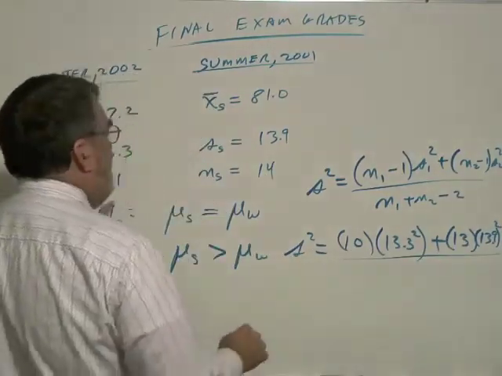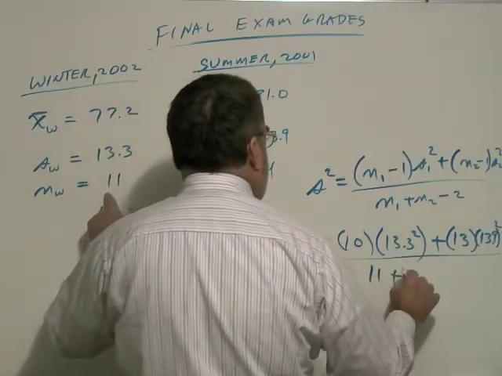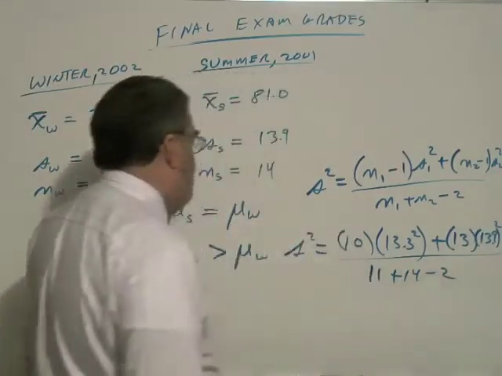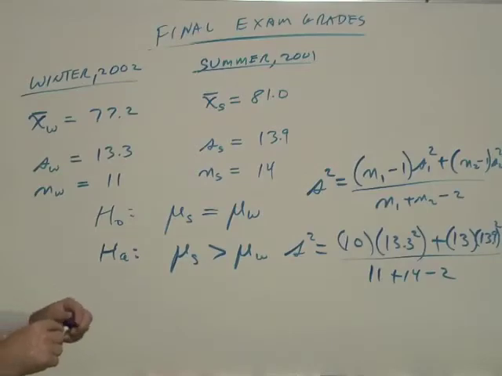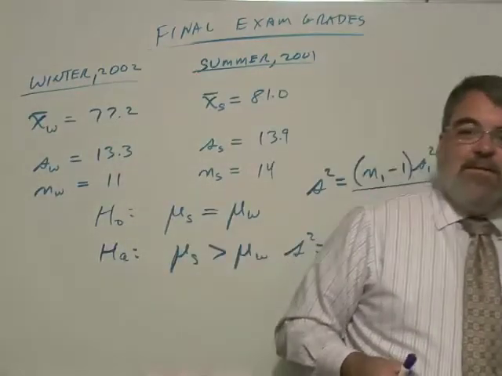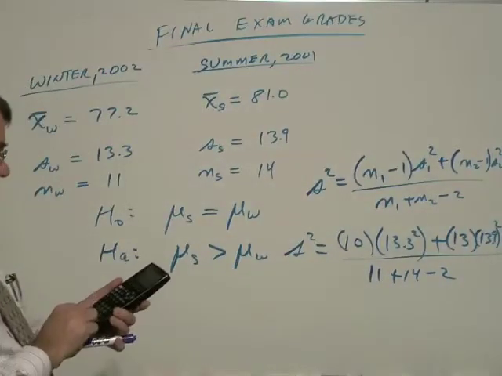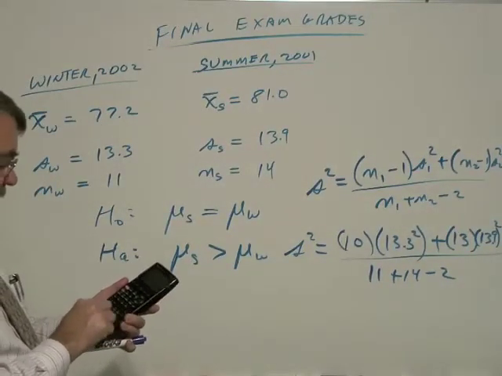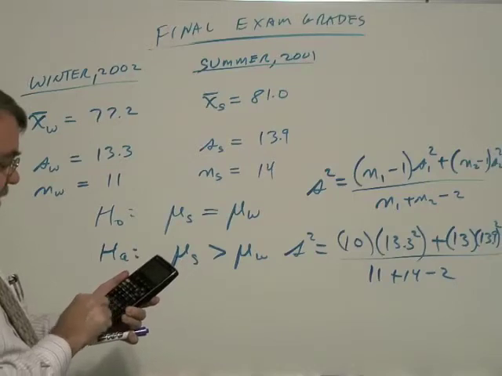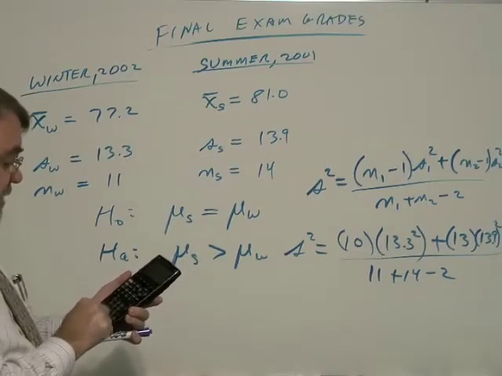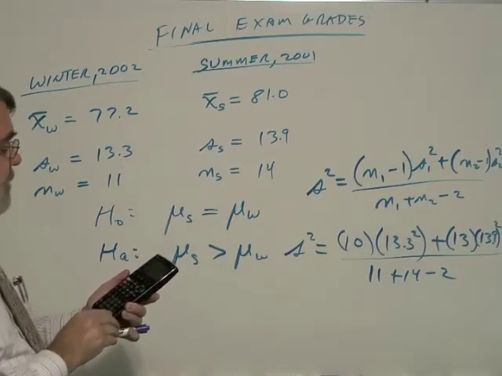And the denominator will be 11 plus 14 minus 2. Well, let's see what that works out to be. Now I'm going to calculate my numerator. 10 times 13.3 squared plus 13 times 13.9 squared.